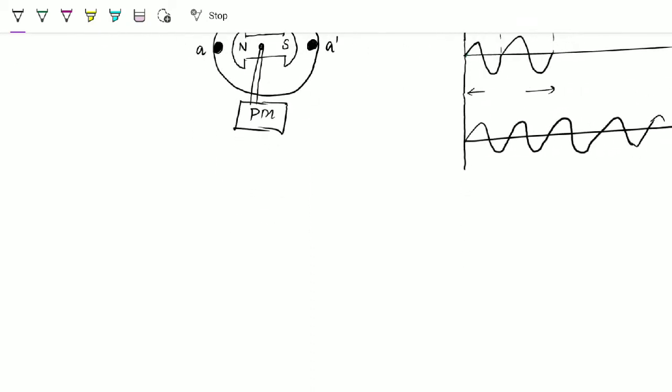So in case of a synchronous machine, the frequency is fixed, and this fixed frequency means that we have to rotate the rotor of the synchronous generator or motor at a constant speed.